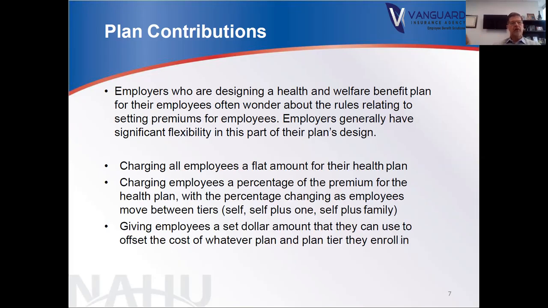So you can go with a flat dollar amount, and that is becoming more and more common, where you pay a fixed contribution dollar amount for each tier. Now, some employers will pay for single only, meaning that they'll pay a flat dollar amount of, let's call it $500 a month. And that flat dollar amount, the employee can use that to buy coverage for themselves or coverage for their dependents.